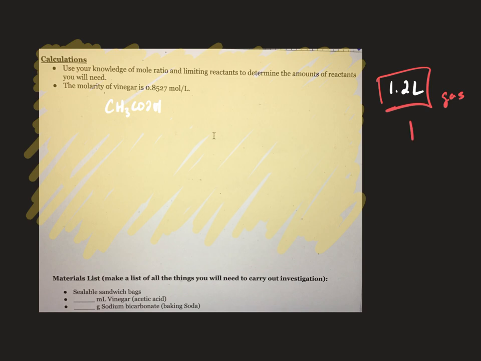The big hint for this one is 1.2 liters of gas. There's a mole amount to that. Just remember that 22.4 liters represents exactly 1 mole of gas. From there, if you can calculate the moles, then you can work backwards to figure out how much of this you need, and then the other reactant is the sodium bicarbonate. Hopefully that helps.